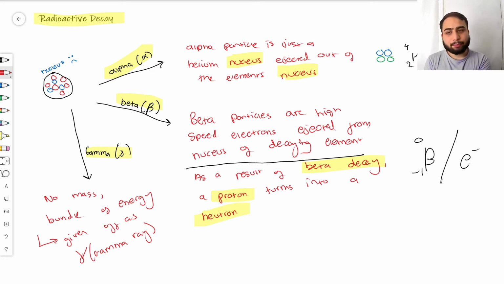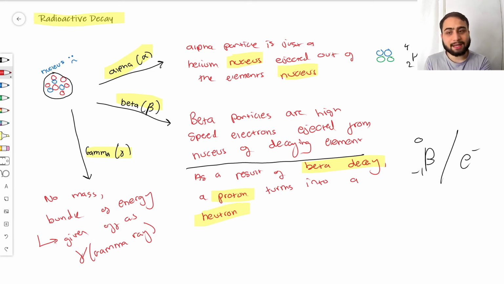But now a point about gamma rays is that gamma rays themselves can't really make a nucleus more stable, simply because they just can't carry away enough energy. Like the nucleus of a decaying atom has so much energy. In fact, that's how nuclear reactors work, which is something that we're going to look at later on.